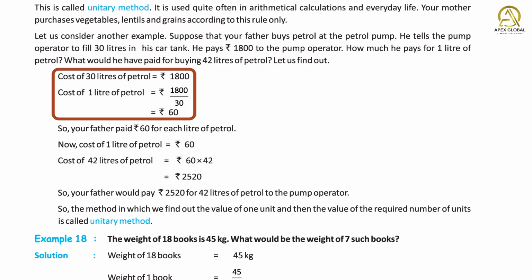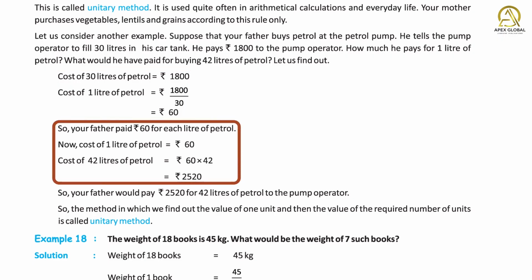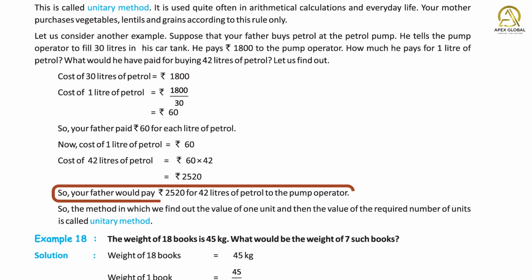Cost of 1 liter of petrol equals rupees 1800 upon 30 equals rupees 60. So, your father paid rupees 60 for each liter of petrol. Cost of 42 liters of petrol equals rupees 60 into 42 equals rupees 2520. So, your father would pay rupees 2520 for 42 liters of petrol to the pump operator.